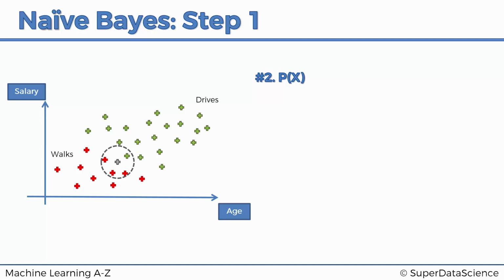Well, first of all, just to make things easier, we're going to remove our dot for now, just so that it's not confusing us. And then we're going to look at all the points that are inside this radius. And what we're saying here is that all of the points inside this circle we're going to deem to be similar in terms of features to the point that we had. The point that we had, remember, it had an age of, for example, 25 and a salary of $30,000 per year. So now we're going to draw a radius around it.